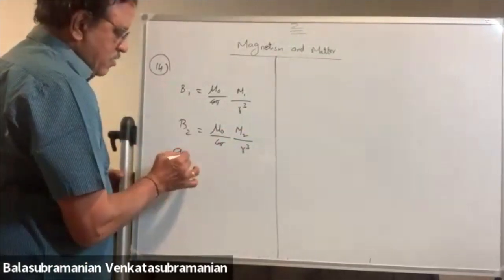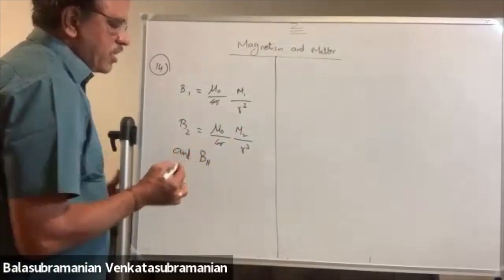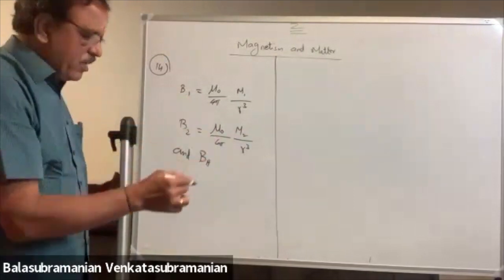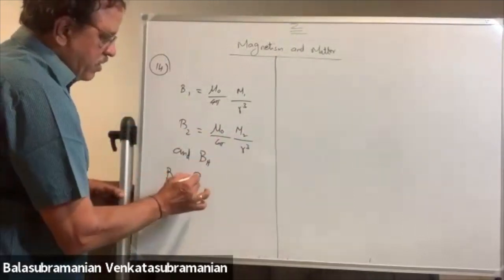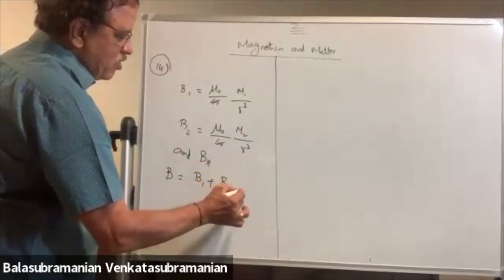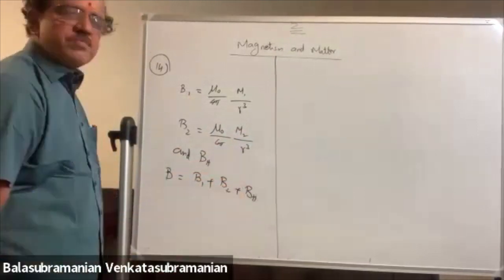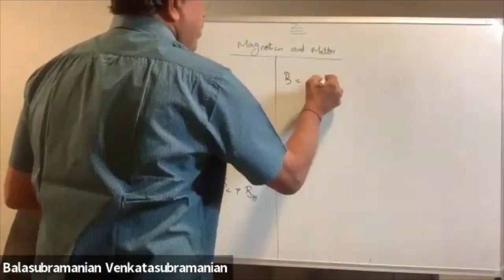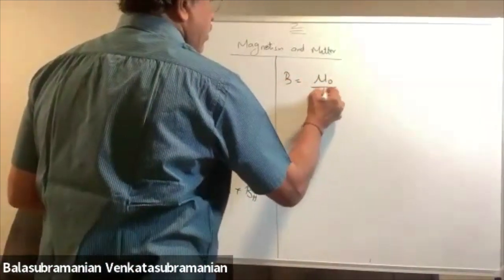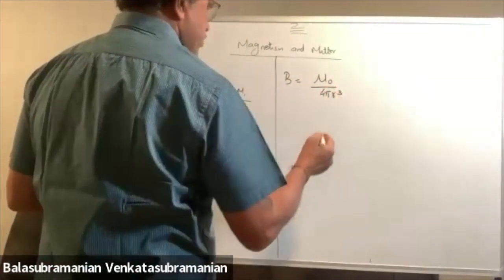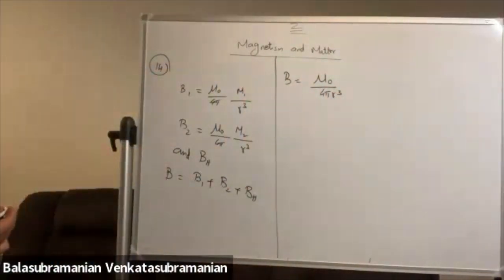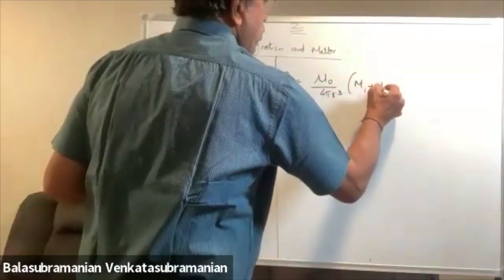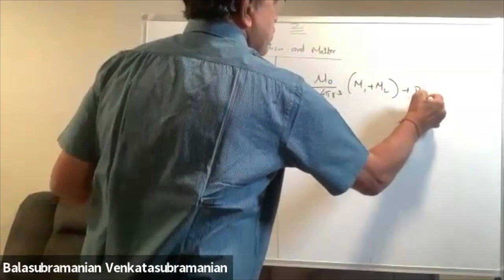And BH is the horizontal component of earth magnetic field. So the resultant magnetic field should be B1 plus B2 plus BH. That should be mu naught by 4 pi R cube, that is constant, into M1 plus M2, plus BH.